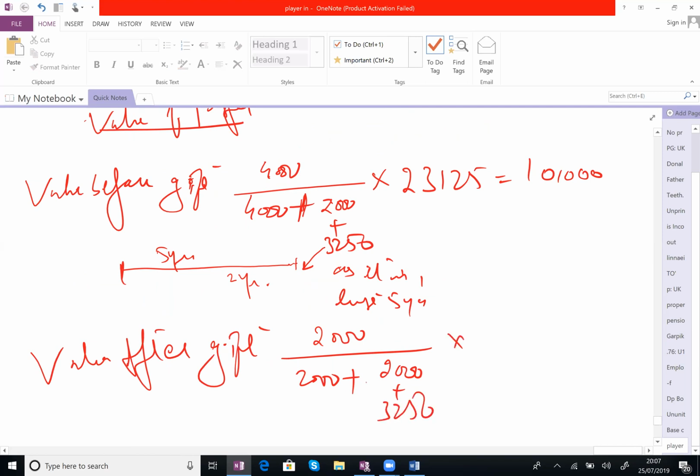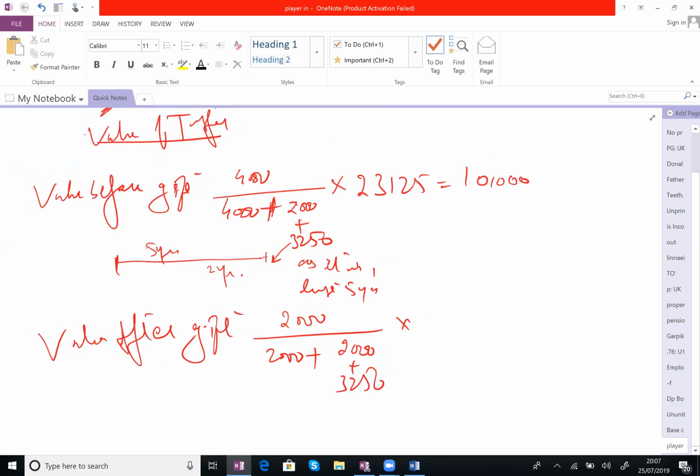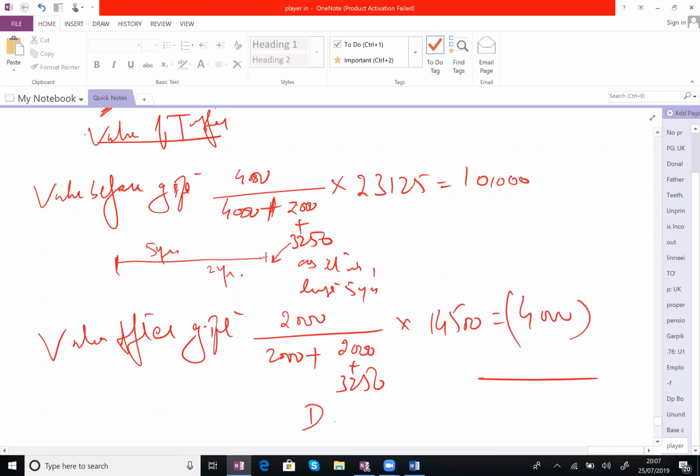In the denominator, 2,000 plus 3,250 is 7,250 shares, with a value of 14,500, which is equal to 4,000. So the decrease in value, or value of transfer, is 6,000.